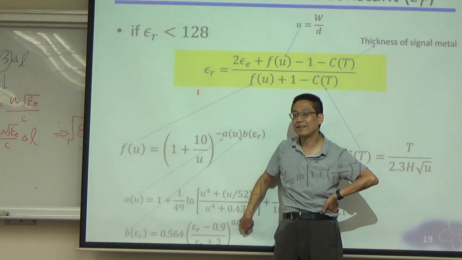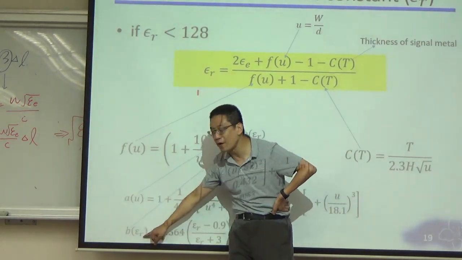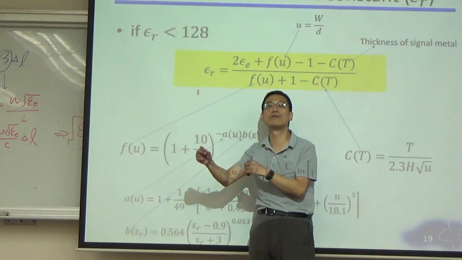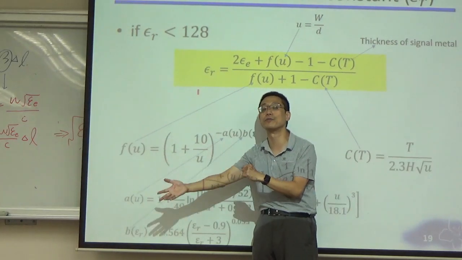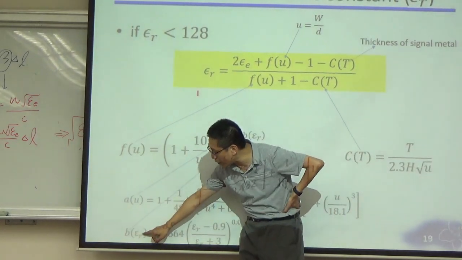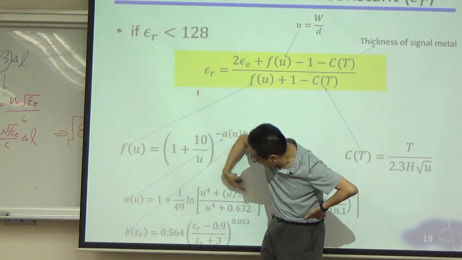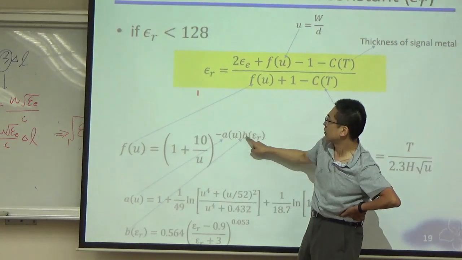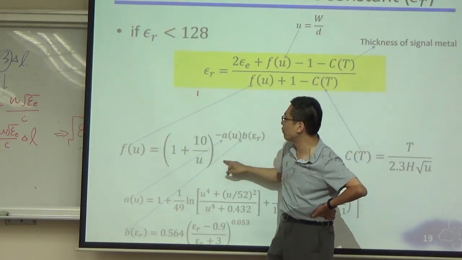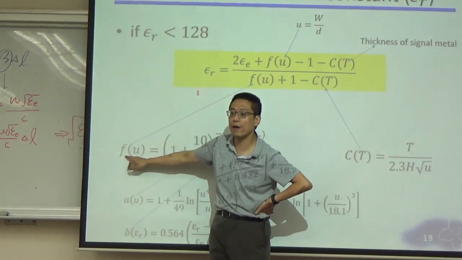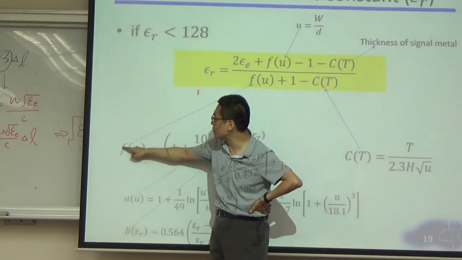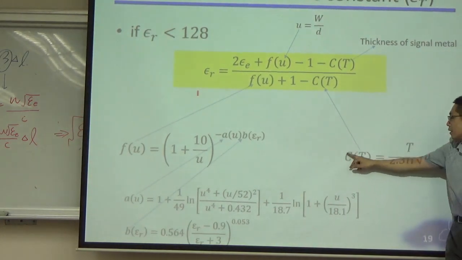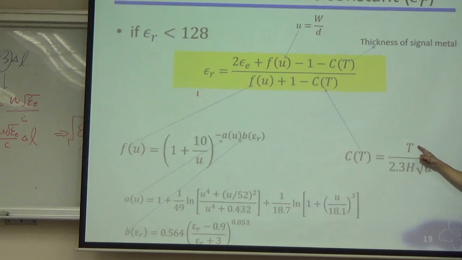You have an initial number of epsilon r here, or you need to solve the equation with other numerical tools. You put epsilon r and mu into these two equations, you obtain A and B, and you have a U, then you will have a small function F here, and then put that function inside, and also another function of T. What is T?